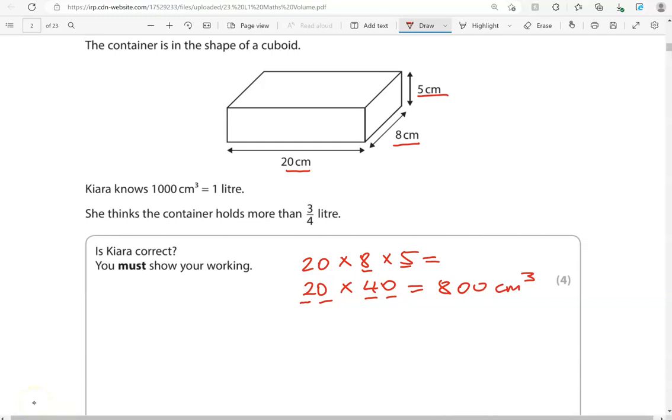So now we know that 1000 cubic centimeters equal 1 liter. What about 800 cubic centimeters? That would be less than a liter. What part of it? That will be 0.8 liters.